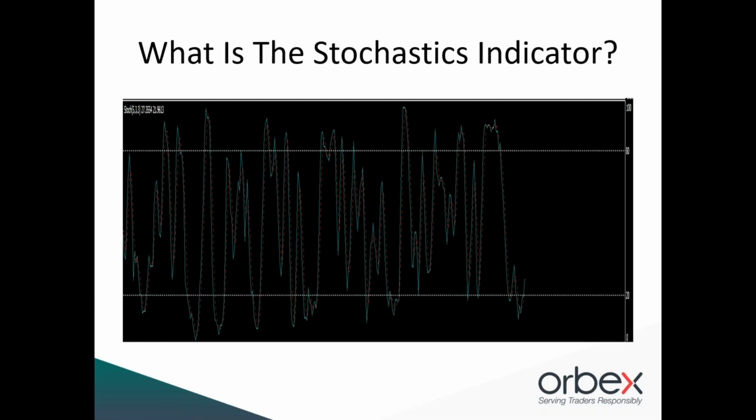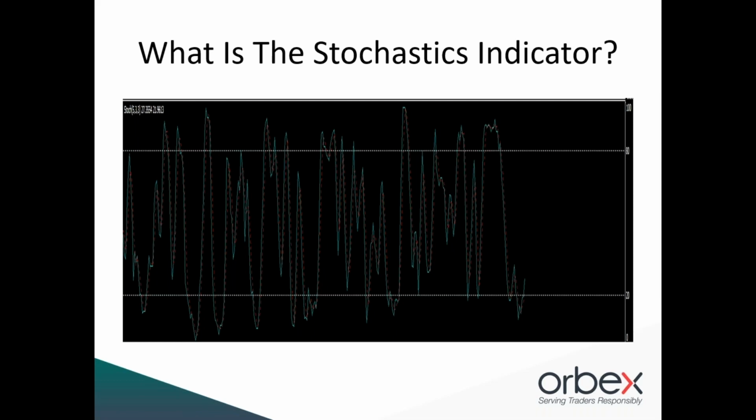But you'll note that with the stochastics, it's slightly different this time. The upper limit is set to 80 and the lower limit is set to 20. The upper limit is the line at which momentum is classed as overbought, and the lower threshold is the line at which momentum is classed as oversold.